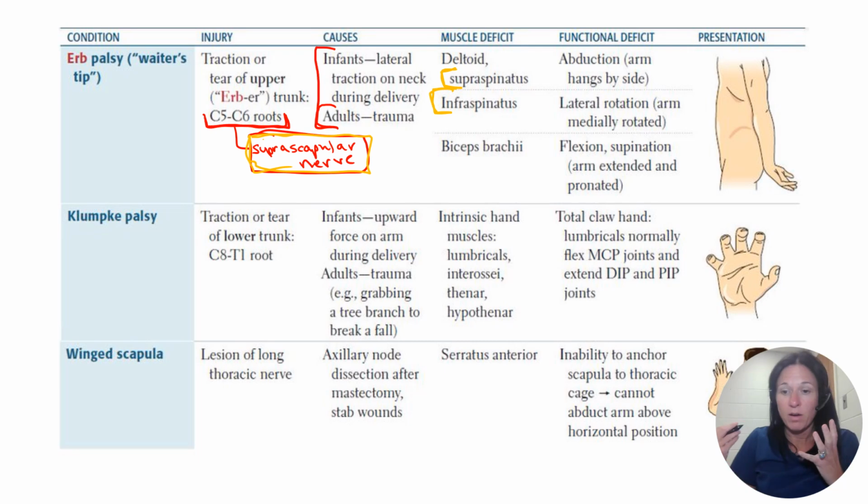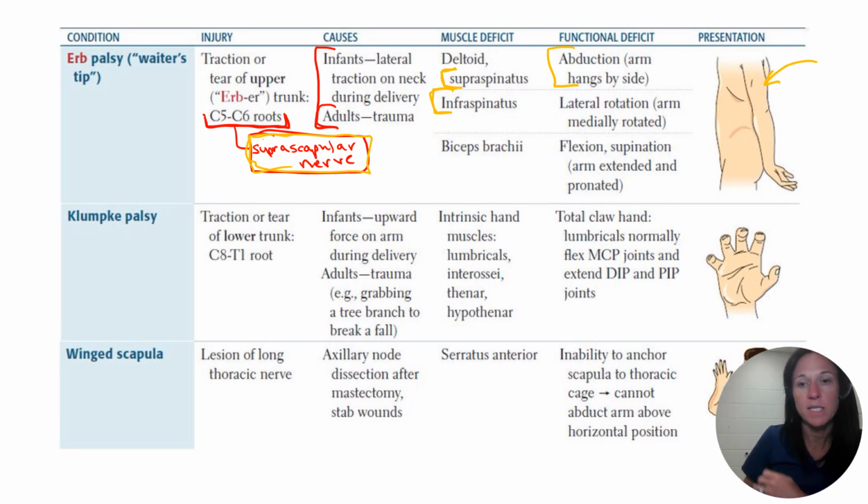But we're not going to have this innervation, right? We don't have the nerve to control supraspinatus. So our deficit is that there's no abduction of the arm. So presentation, we're going to see arm adducted, hanging by the side.